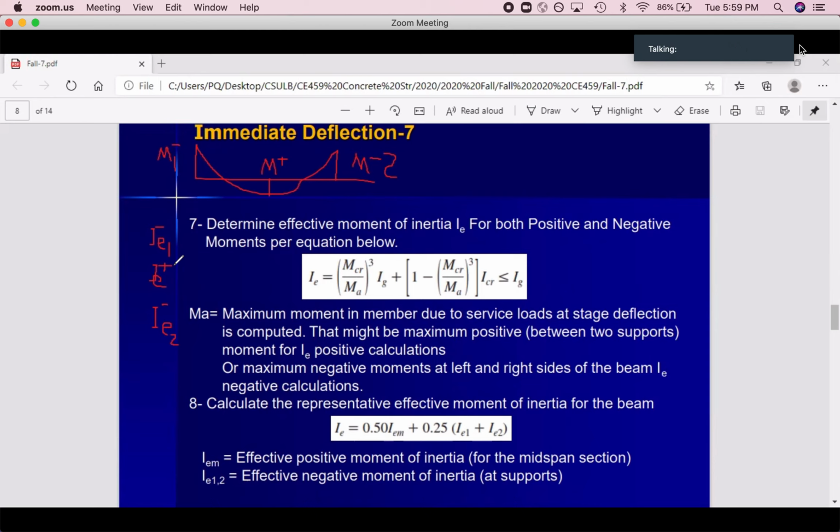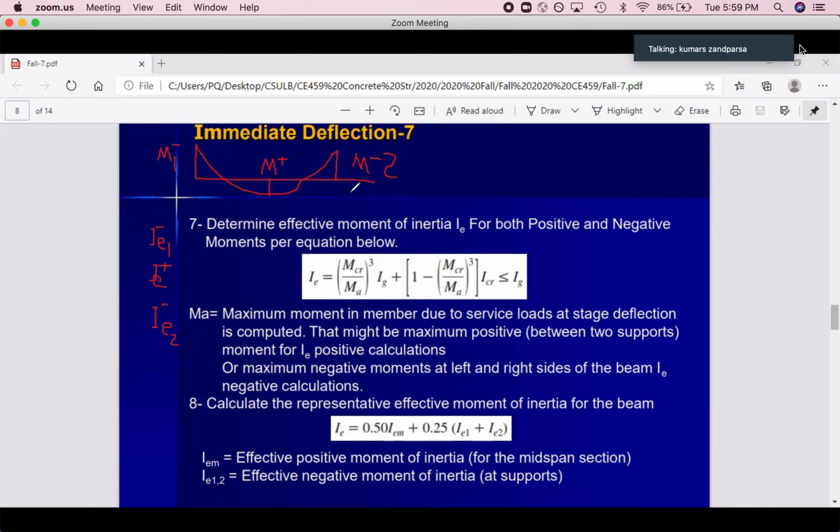50% of this plus 25% of this one and 25% of this one, or 25% in total, doesn't matter. 25% of the negative moment at one side, 25% negative moment at the other side. If those two are the same, moments are the same, the rebar at both sides are the same, so you just need to calculate one of these, because both sides are the same. You have the same moment, the same rebar at both sides, top rebar, bottom rebar.